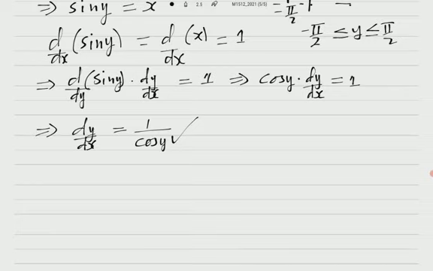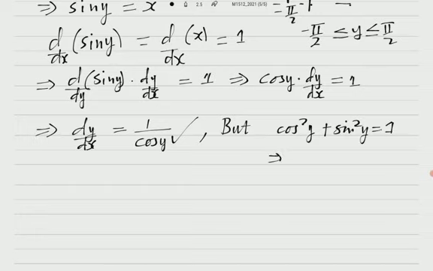What we know from the algebra is that cos squared of y plus sine squared of y is equal to 1.